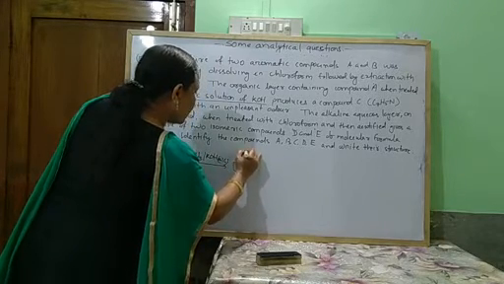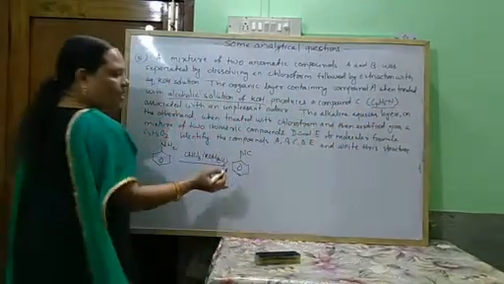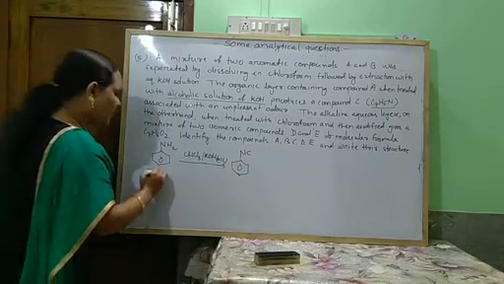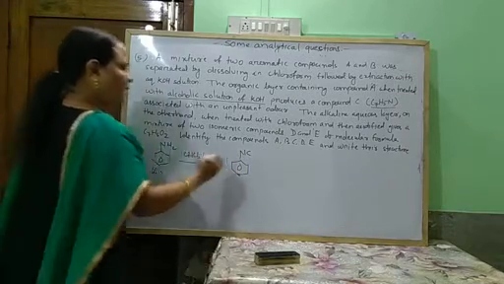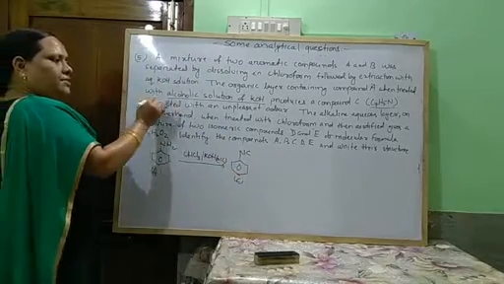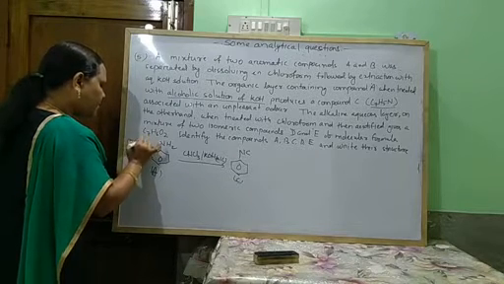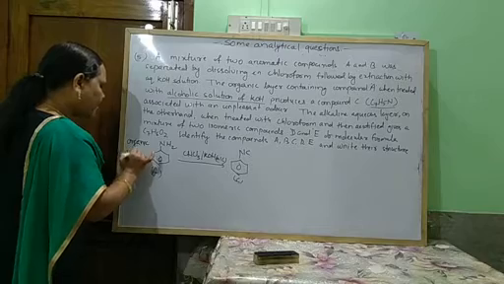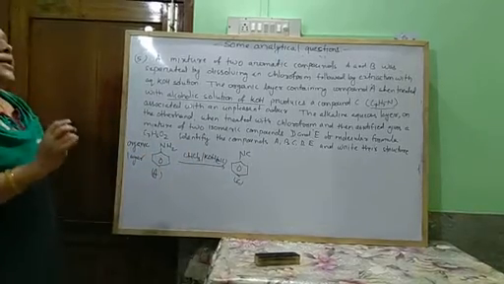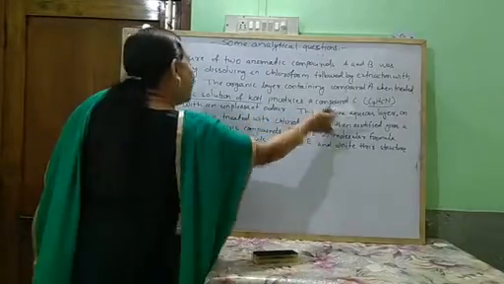This is NC, with the formula C7H5N. So this is A and this one is C. This is your organic layer, and this is the reaction. Next, the alkaline aqueous layer.